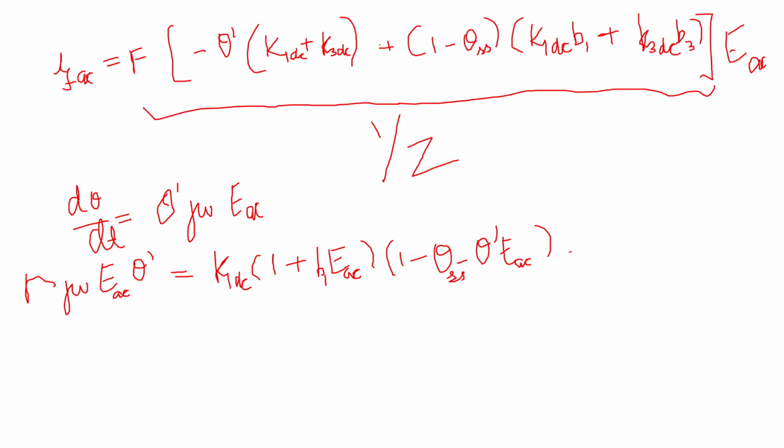We already know K2 is a constant because it is not an electrochemical step. So minus K2 into theta.